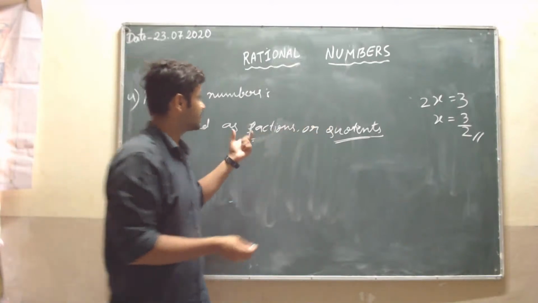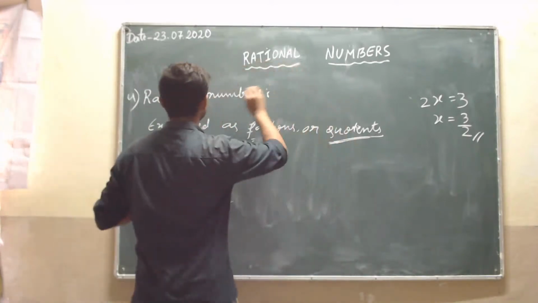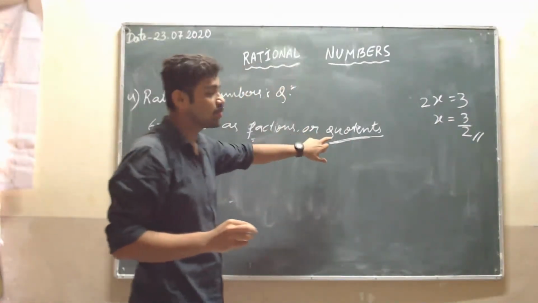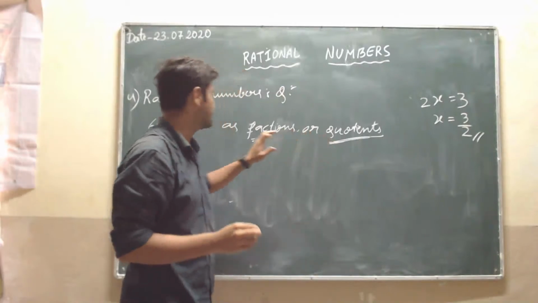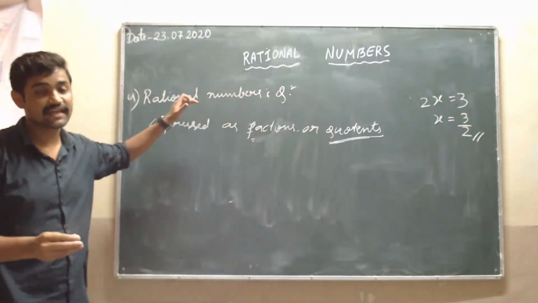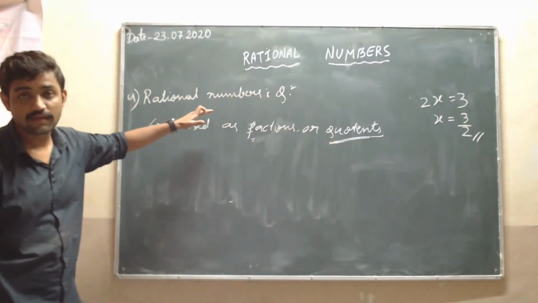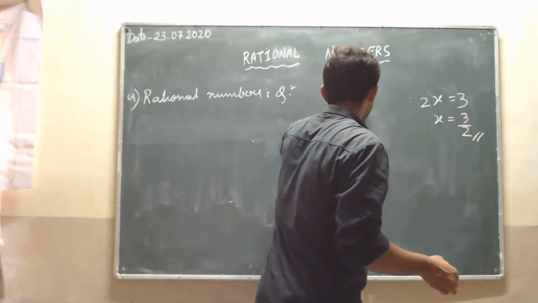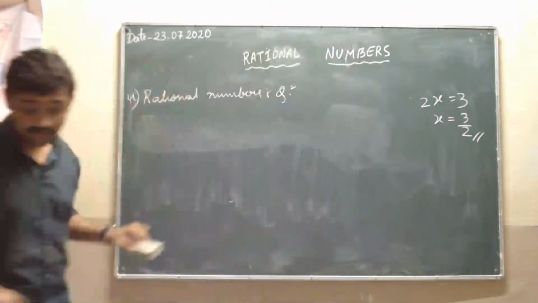For that's why we will indicate rational numbers as Q. Why, sir? Because of the quotient, we will denote rational numbers as Q. See here, what are the examples of rational numbers?